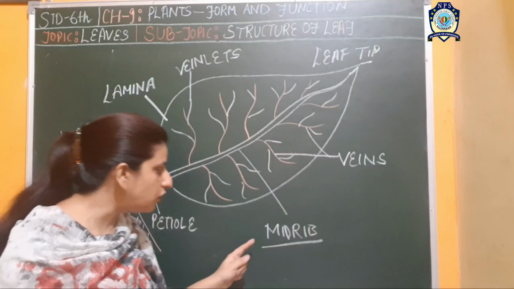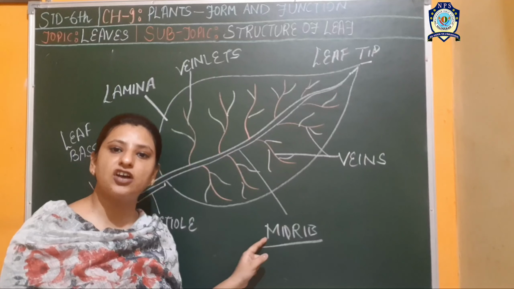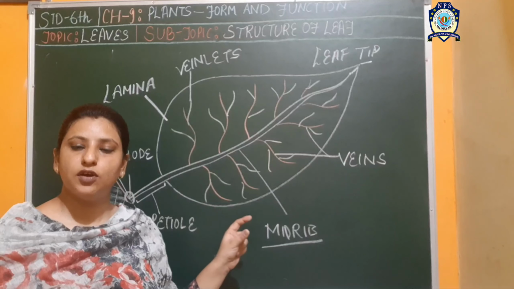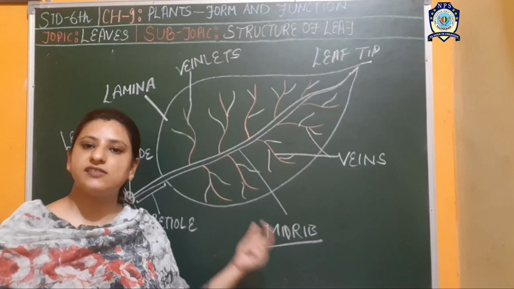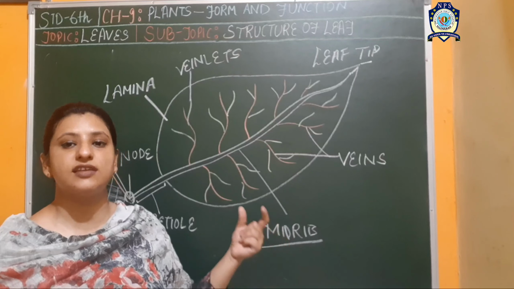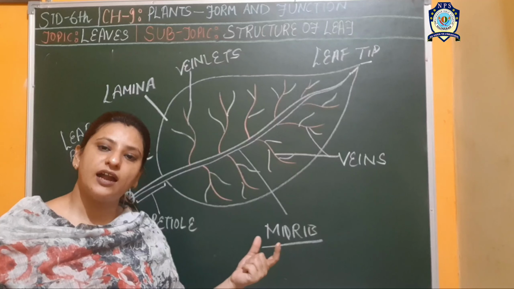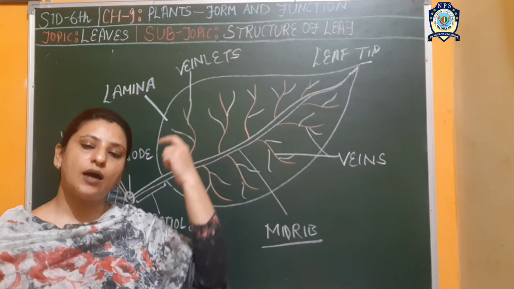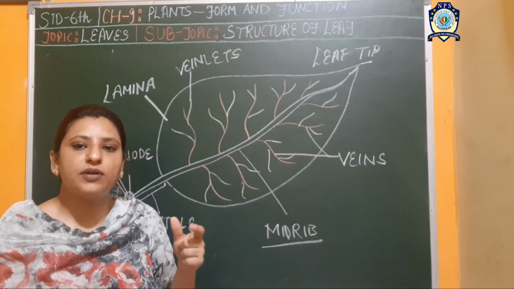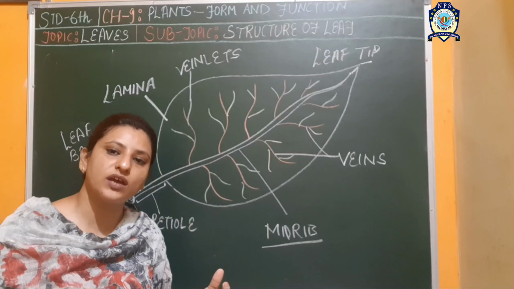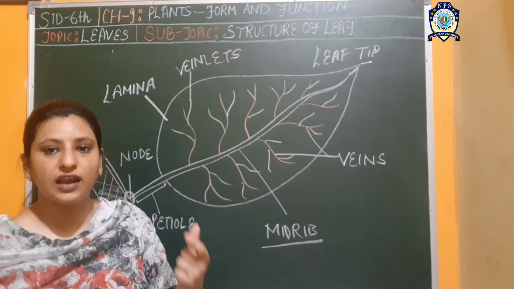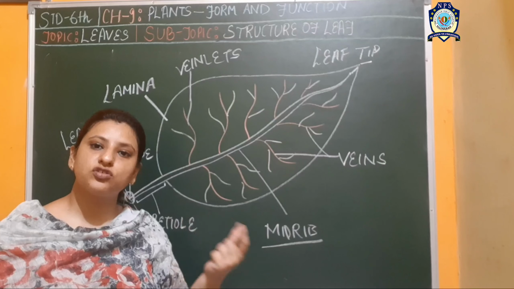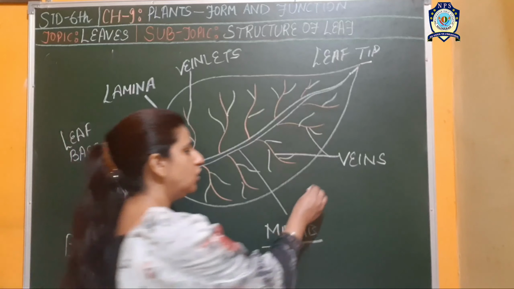So the main function of this midrib is that it help in transporting of the water to each and every part of the leaf, because in each and every part of the leaf cells are present, and cells require what? Cells require water, and on the leaf surface stomata is present. From the stomata the carbon dioxide, or you can say the air enters, but the carbon dioxide and the water, when they combine together with the help of chlorophyll and sunlight, then the process of photosynthesis takes place, and when the photosynthesis occurs, there is formation of the glucose.